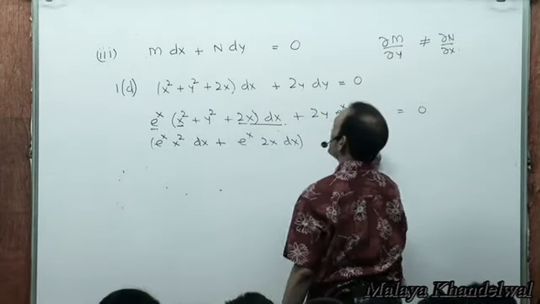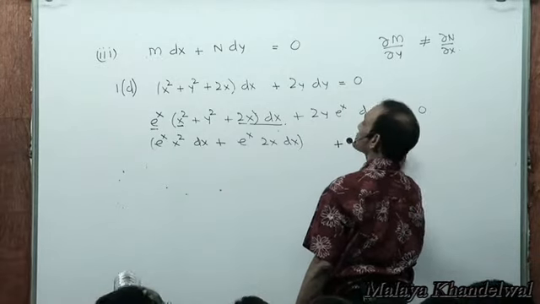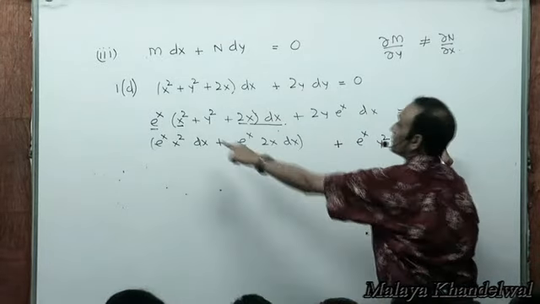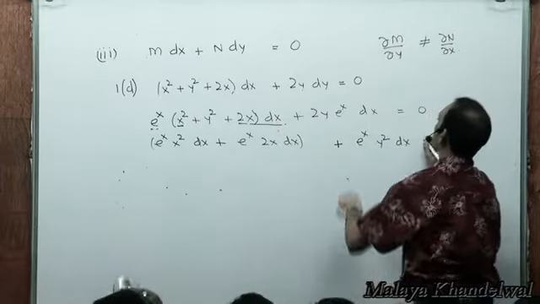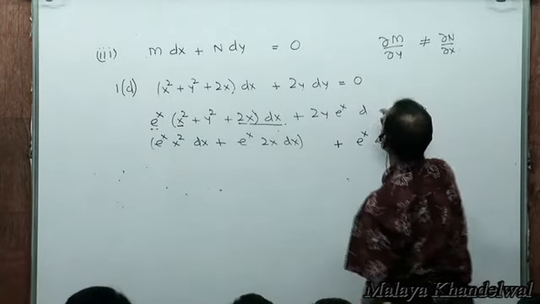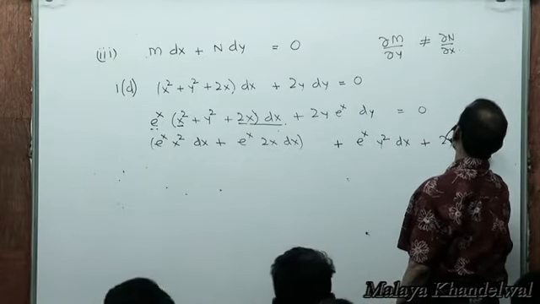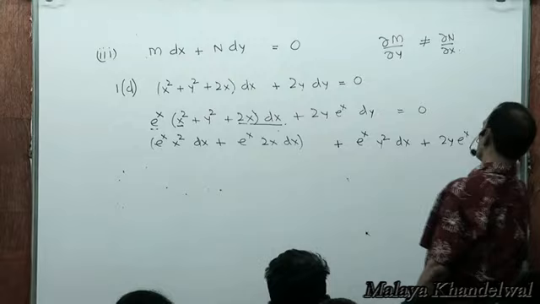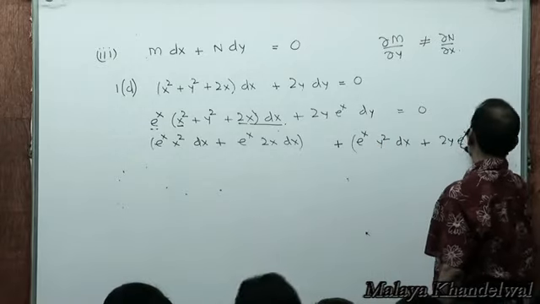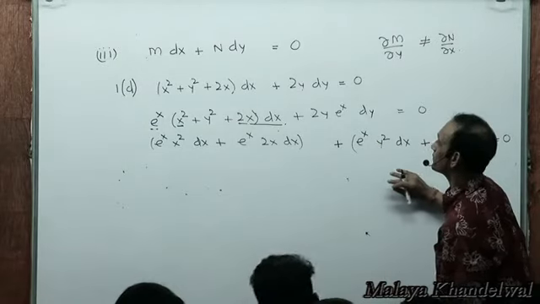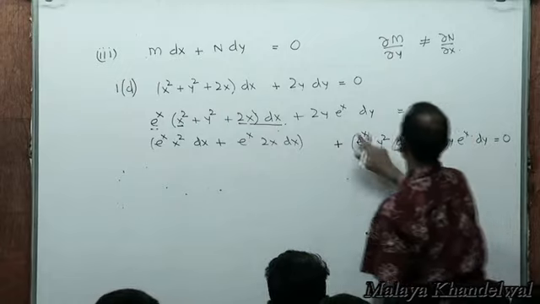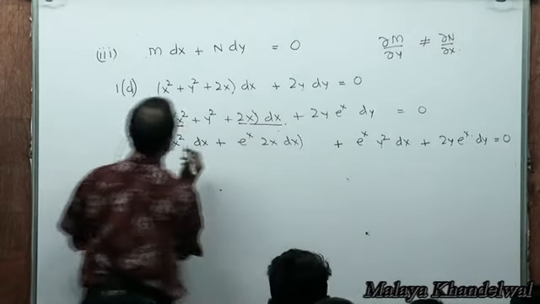Now let me look at the other two. So this is like e power x y squared dx, plus, and there was a dy here, plus 2y e power x dy equal to 0. So see what happens.